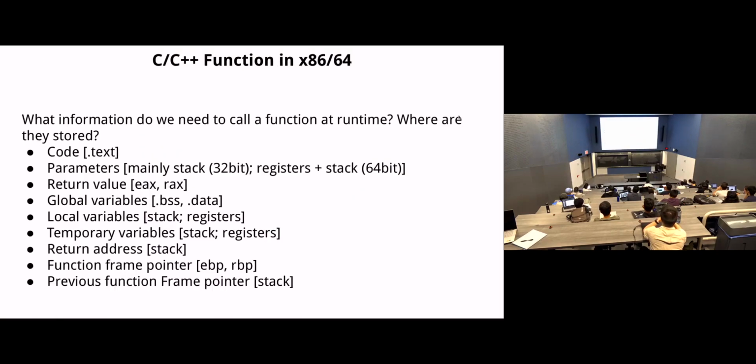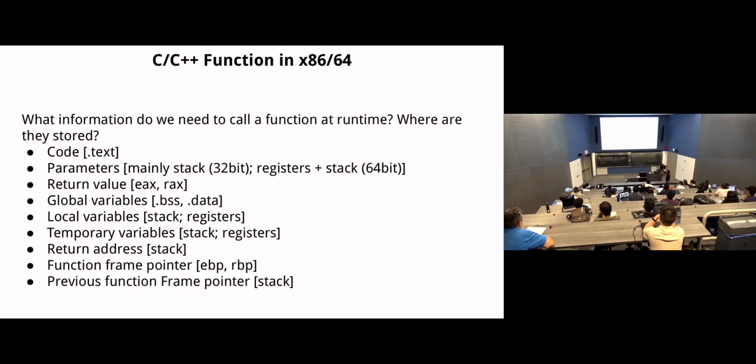Then, in summary, this is where we store most of the information of a function. The code obviously is in the .text section. We talked about that. Parameters: in the example we showed you just now, the parameter is on stack. Sometimes it can also be in registers. The return value, we put in EAX or RAX, the register.